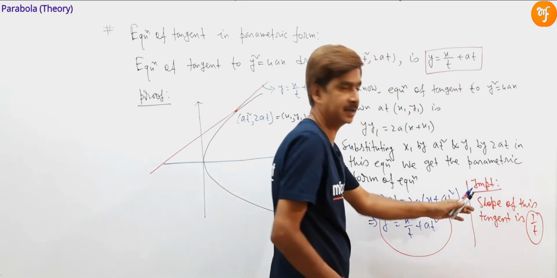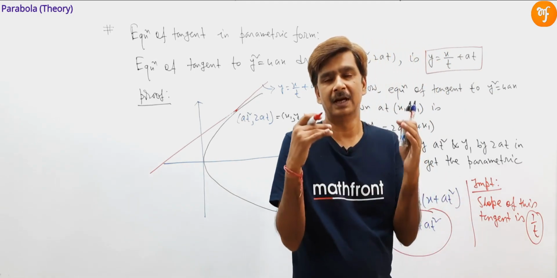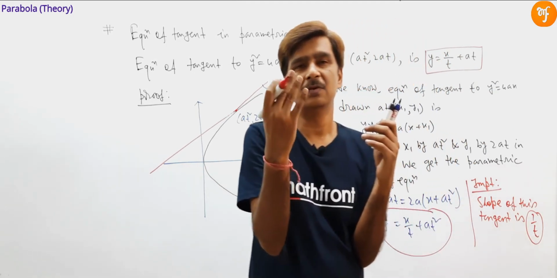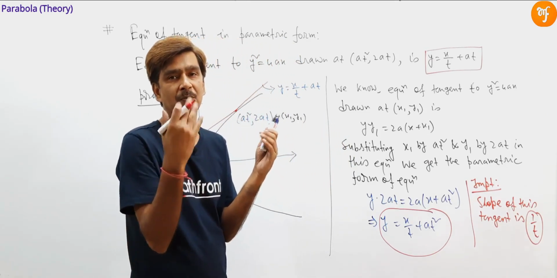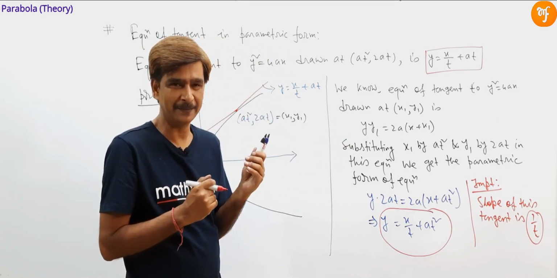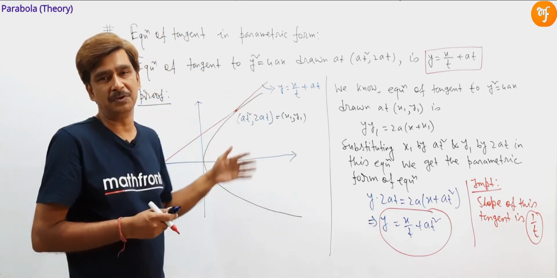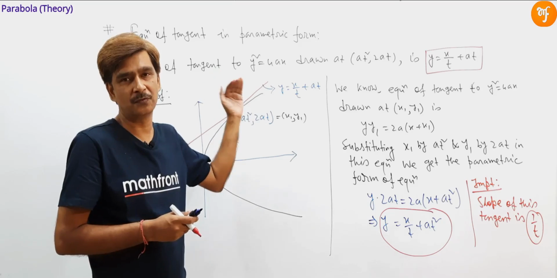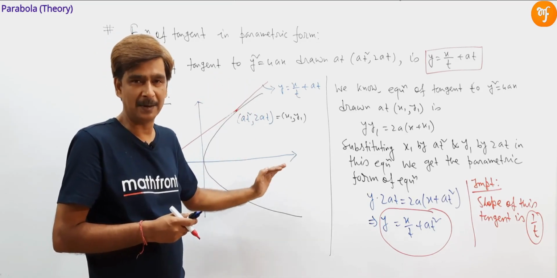So remember this also, that in the parametric form the slope of the tangent will be 1 by t. This will be helpful for finding the equation of the normal in parametric form. Okay, so in this way we can find the three forms of the equation of the tangent, that is slope form, the point of contact form, and the parametric form.